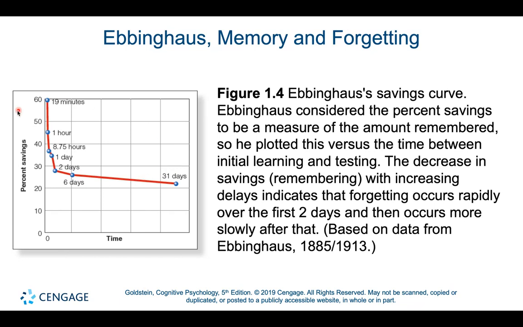So forgetting is very rapid at the beginning with short delays, but then memory stabilizes long term. So even if Ebbinghaus came back a month later, he still remembers a little bit of that list. It's not completely gone, right?